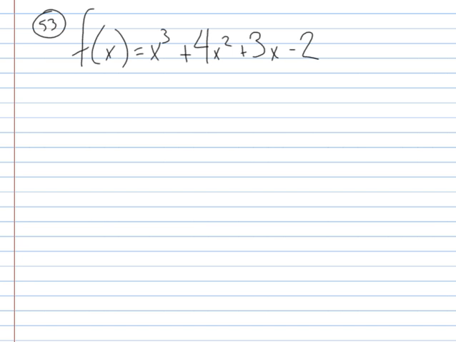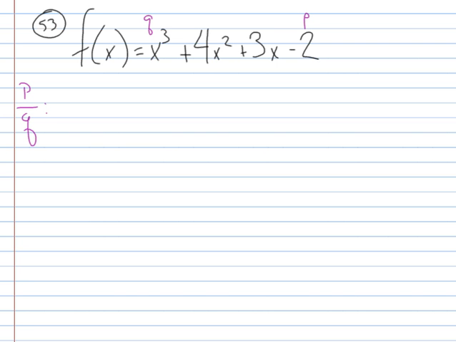So the first thing I want to do is figure out what my possible solutions are. To find them, I'm going to think about my p and my q. P in this case is a 2 and my q is a 1, so I look at all the combinations of p over q.